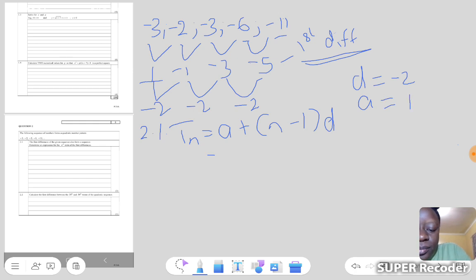So here it will be 1 plus (n minus 1) times -2.